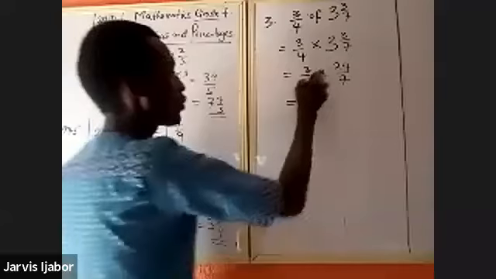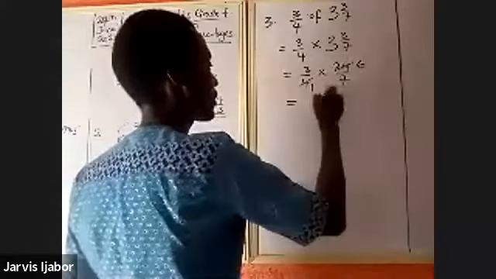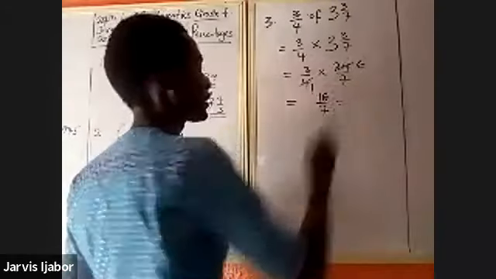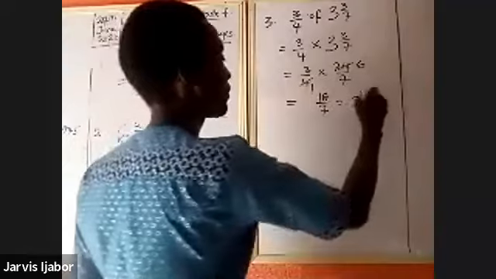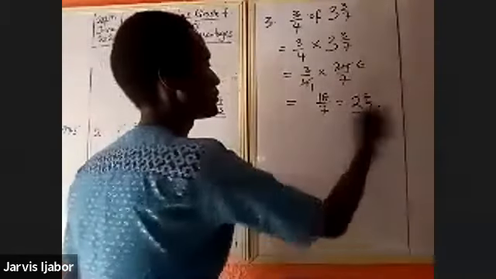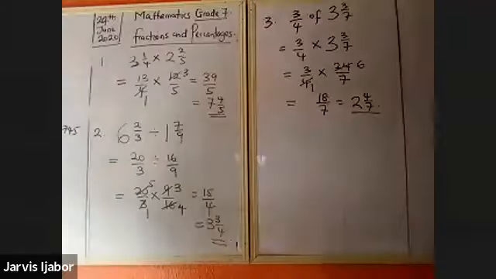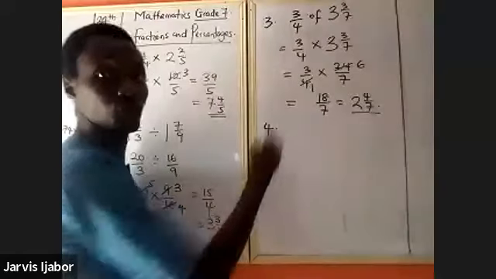So this will give you 1, this will give you 6, and that will be 18/7. And that will give you 2 whole number 4/7. So confirm if what we have done is correct. And then we'll go to question 4.